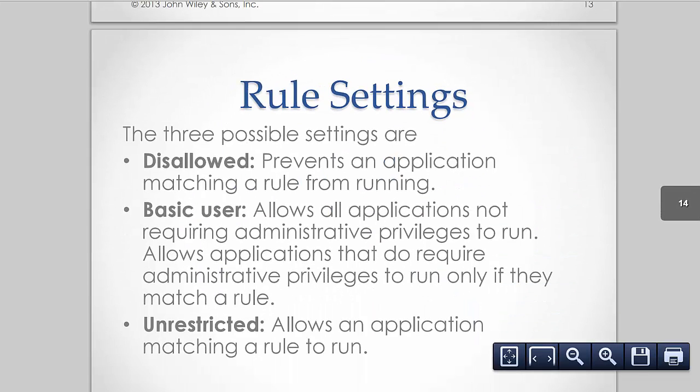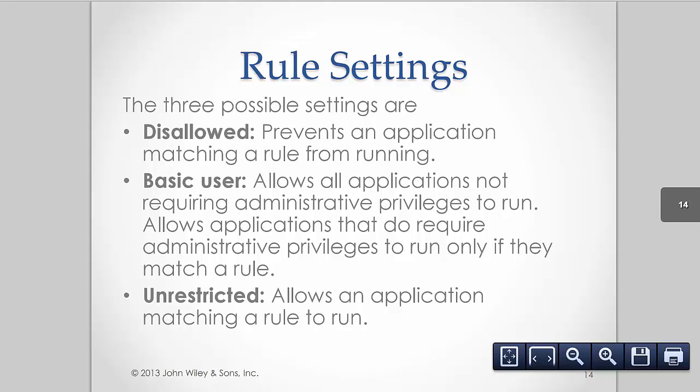So rule settings. So 3 possible settings are disallow, which prevents an application matching a rule from running. Basic user allows all applications not requiring administrative privileges to run. In today's environment, it used to be if there was a program that needed administrative functionality, you had to give the user administrative functionality for the whole computer, in which case you were opening up your network to risk.